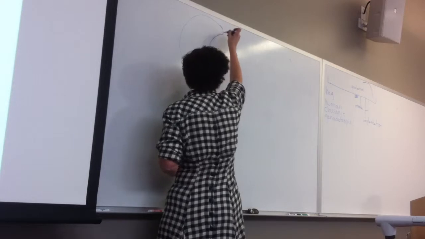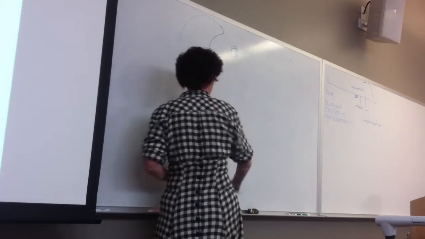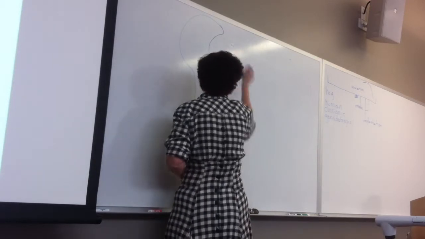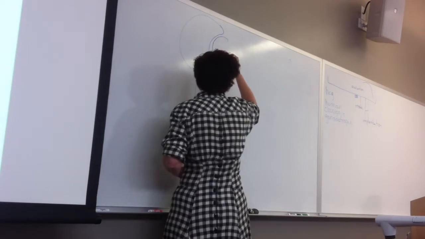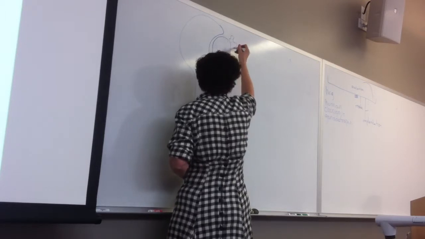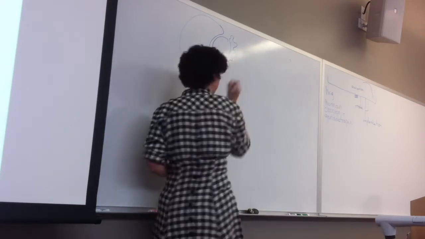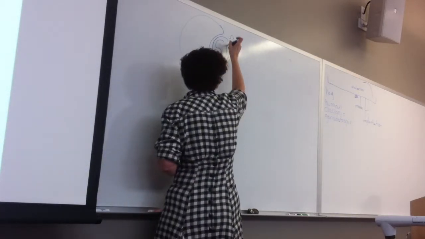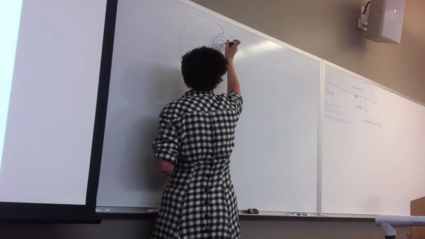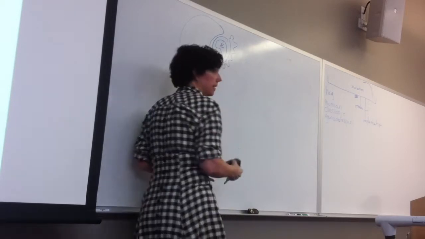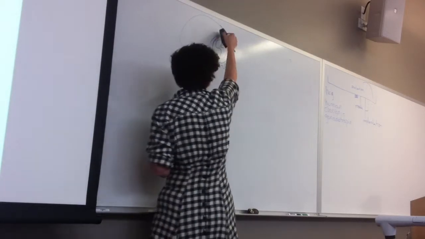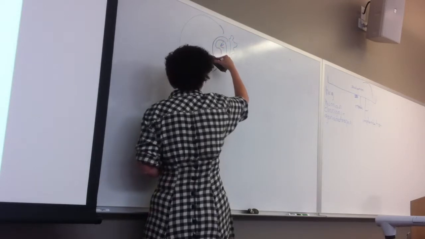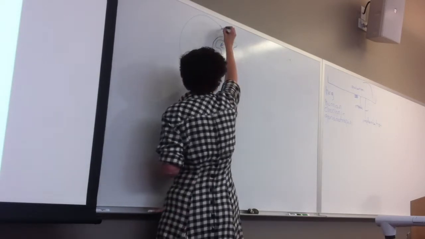So this is the epithelium, and down here would be the stratum functionalis. And our placenta, the embryo will be in here. And then as it gets larger and larger, it continues to obliterate the uterine cavity.